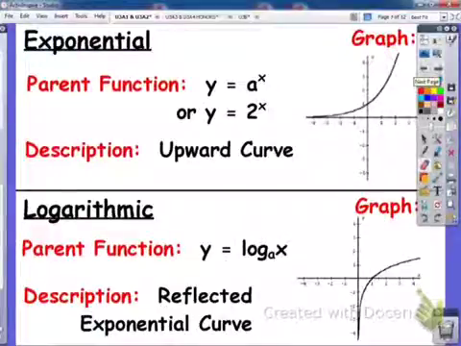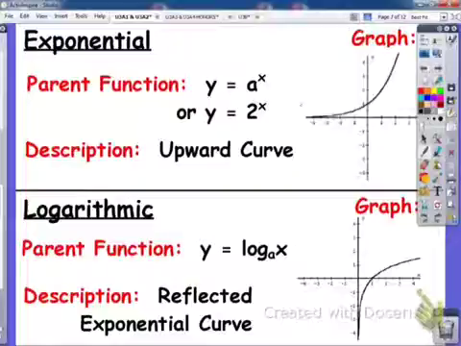Exponential graphs. You've probably seen these in Algebra 1, and so this is the upward curve. This is where it grows really slowly at first.